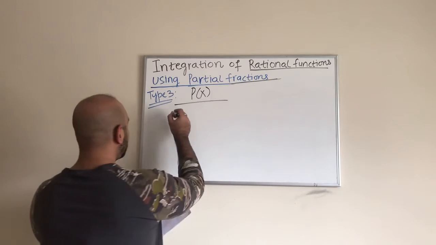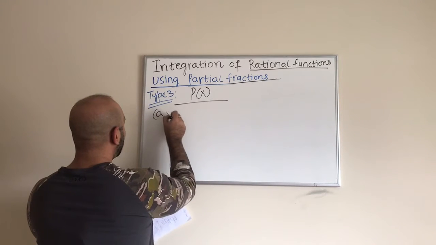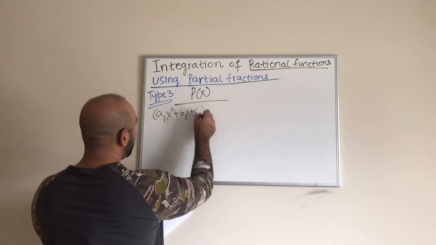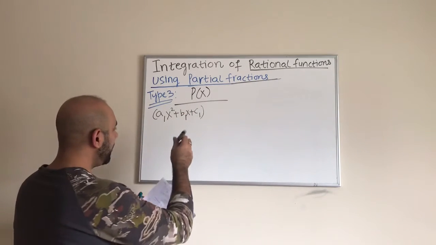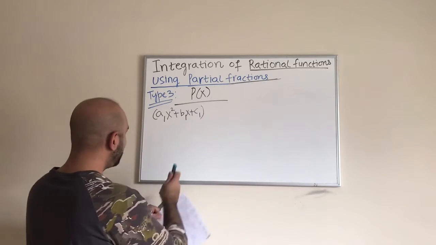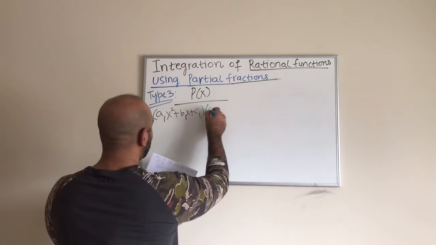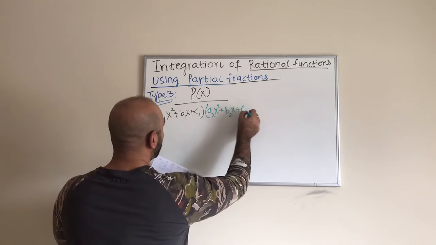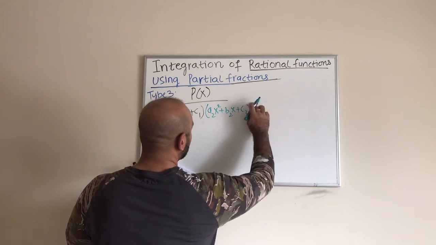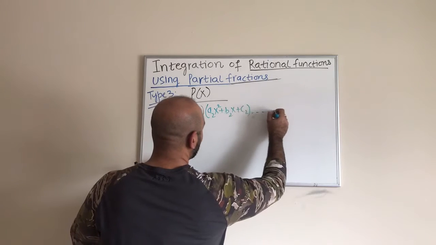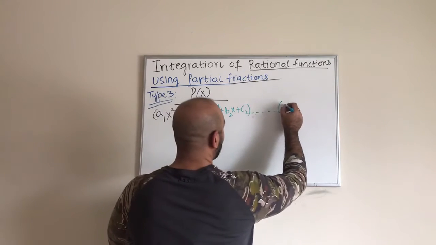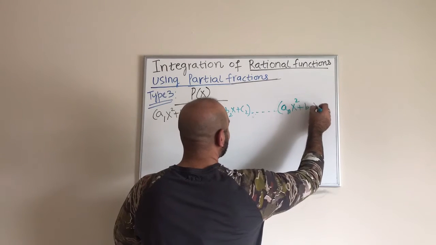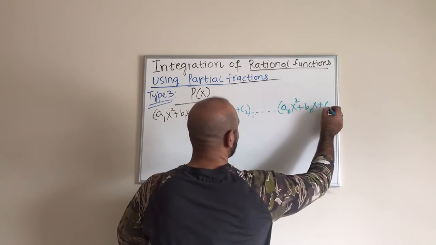So let us say I have functions like this: a1 x squared plus b1 x plus c1, which is a standard quadratic form, and then I have n of these times a2 x squared plus b2 x plus c2, and it just keeps on going. Let's say the last term here is an x squared plus bn x plus cn.